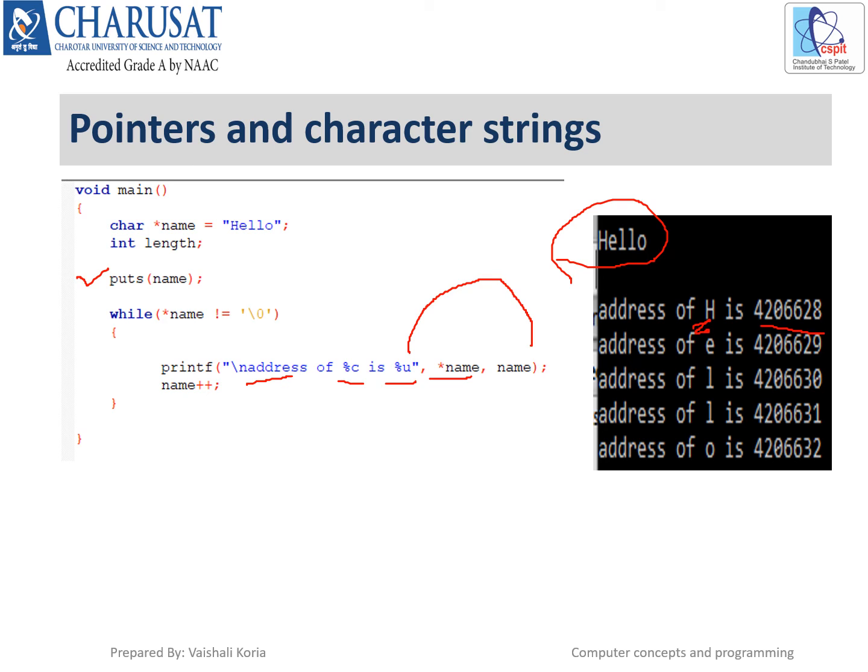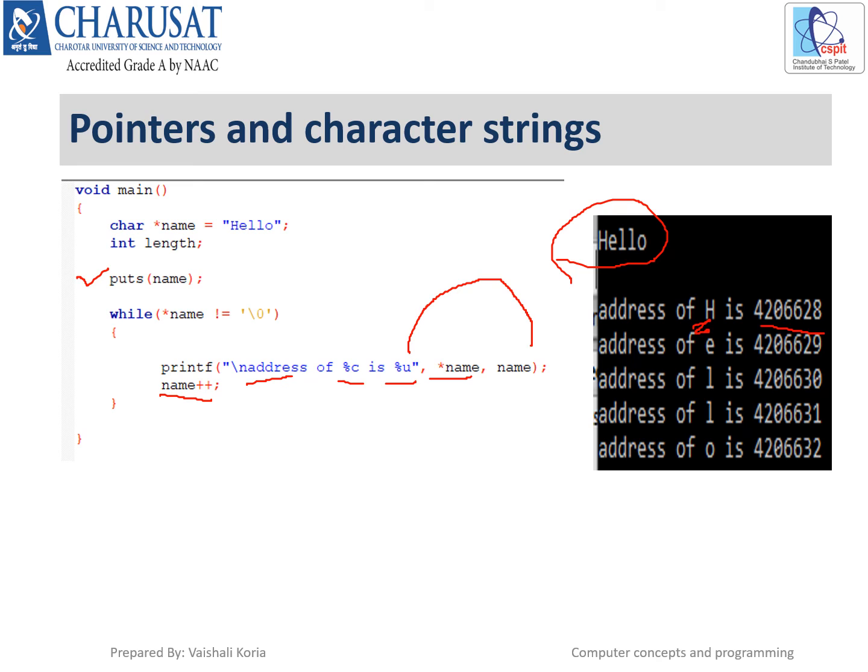But after that, what about the next character? For the next character you have to increment the pointer by 1, so you need to write name plus plus. We know that a pointer variable is always incremented based on the data size of the type that it points to. If it is pointing to a character, it will be incremented by 1.